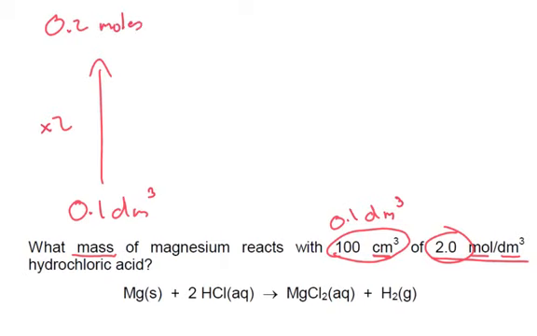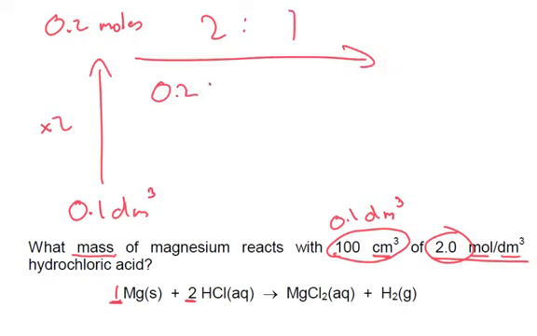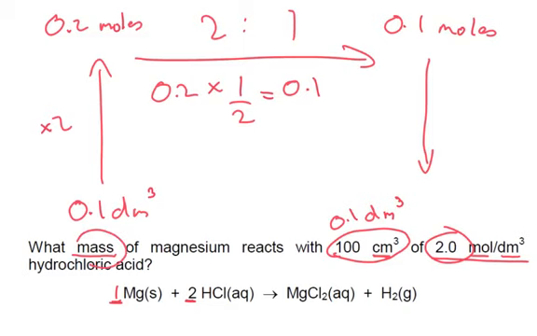Now here, what's our ratio? It's a 2 to 1. So if we've got 2 over here, we're going to have 1 over here. So what we need to do is 0.2 times by 1 divided by 2, which is going to give us 0.1. So we've got 0.1 moles over here. Okay, next up, we're looking for mass.